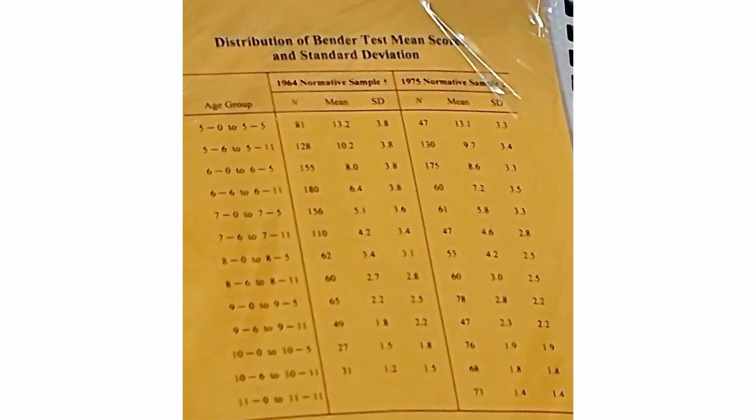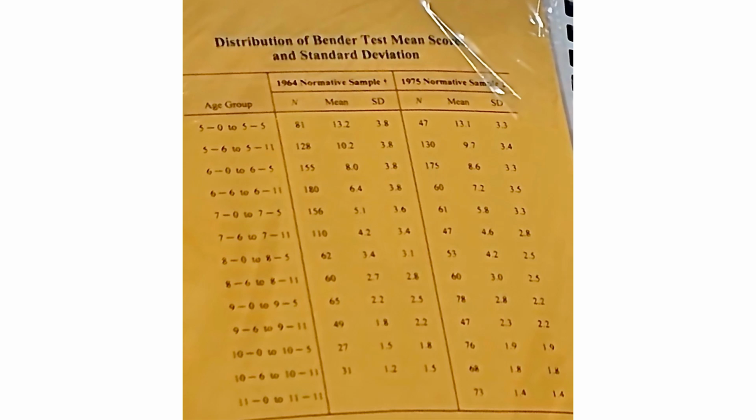Now there is a 1964 method and there is a 1975 method. We will obviously take the more recent 1975 method, and whatever the score is there, that we will find. Now if we have a 7-year-old kid who on the all or none way of interpreting the test got a 7, we will see a 7-year-old child here has a mean of 7.2. So we can say that the patient is normal, that he does not have any visual motor difficulty or any organic brain disease.